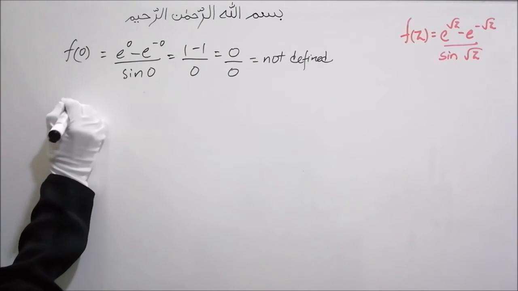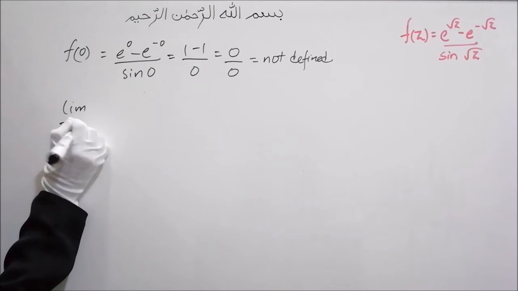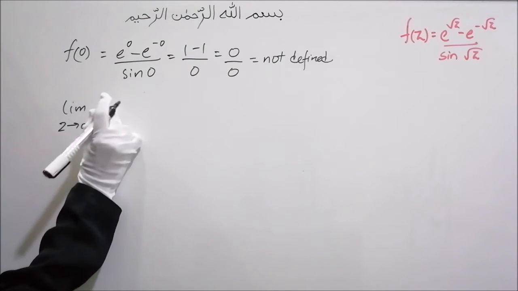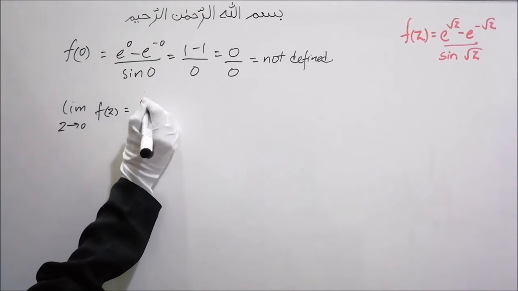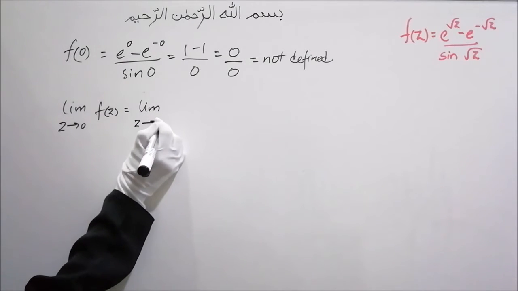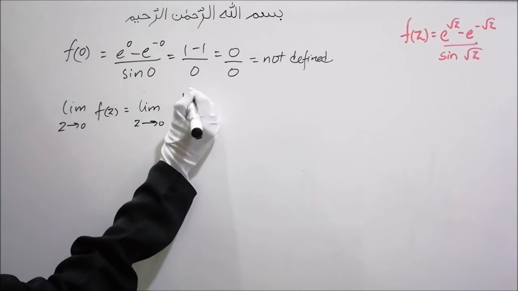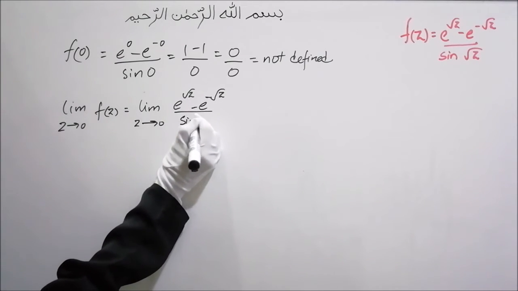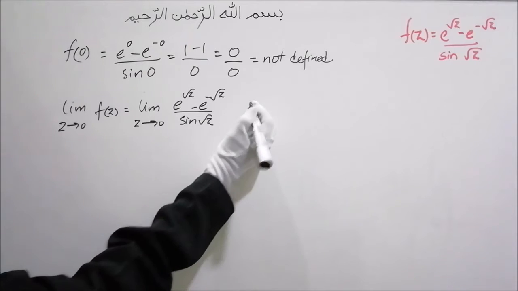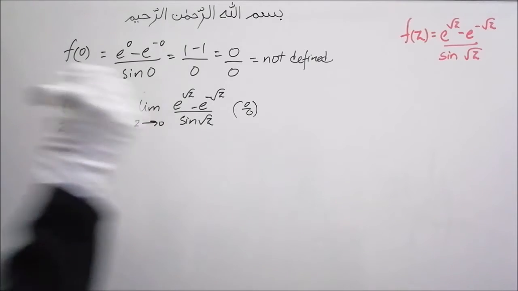But if I find limit z tends to 0, f of z, I will get limit z tends to 0, e raised to root z minus e raised to minus root z upon sine root z. If I put z equals to 0, I get 0 by 0 form, which is not defined.